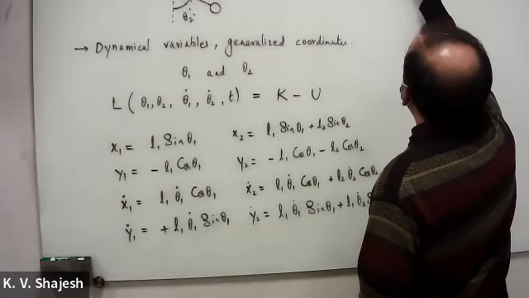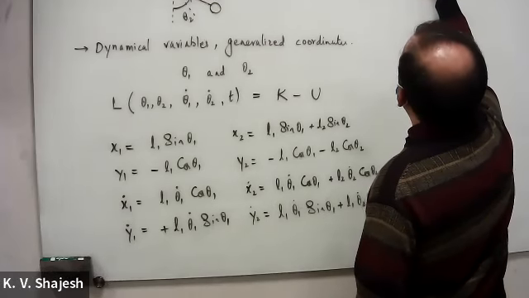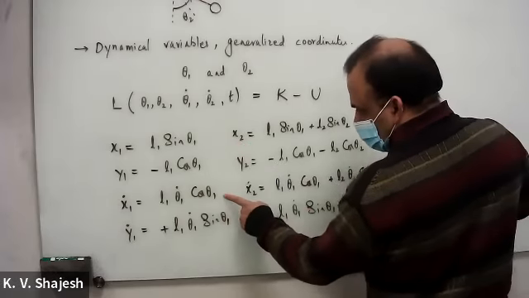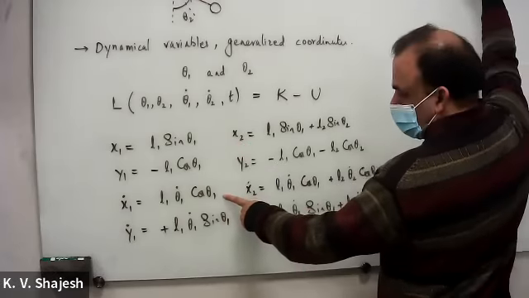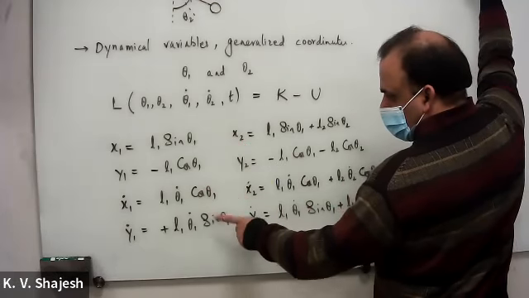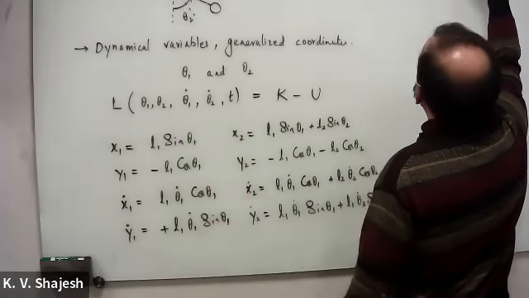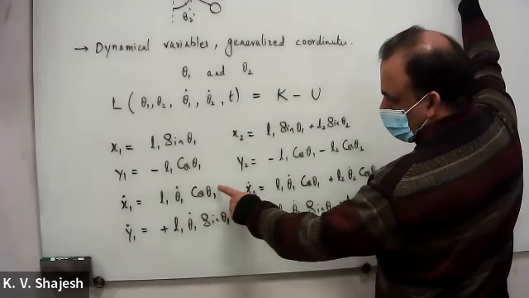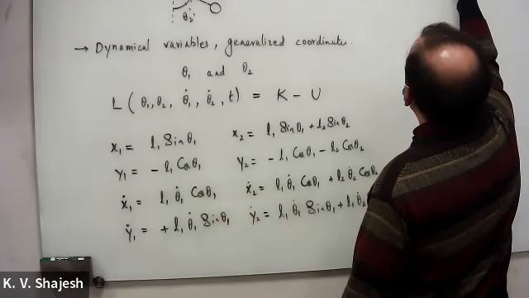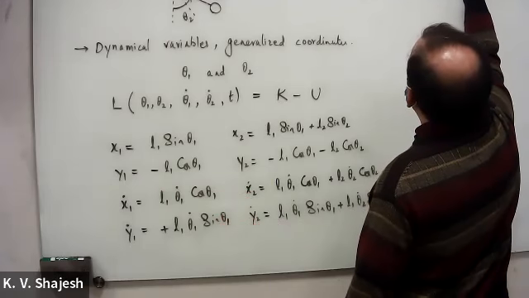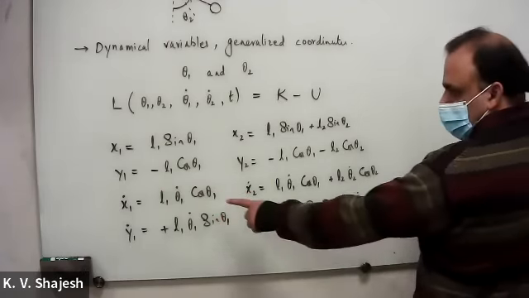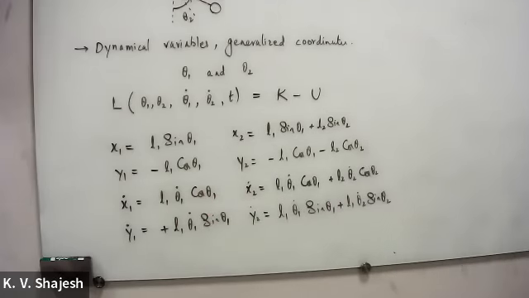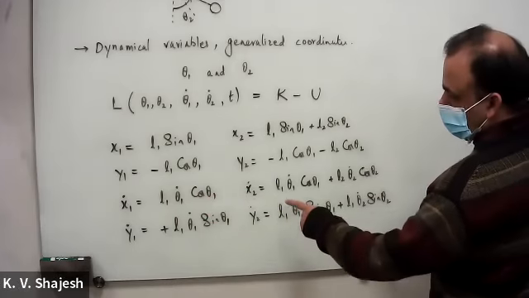So that's half of m1, x1 dot square is here, and I have to do y1 dot square. When I square this, there's a square of this, so that's L1 square theta 1 dot square. I'm doing it in my head, cosine square plus sine square theta. So that's this term completely.